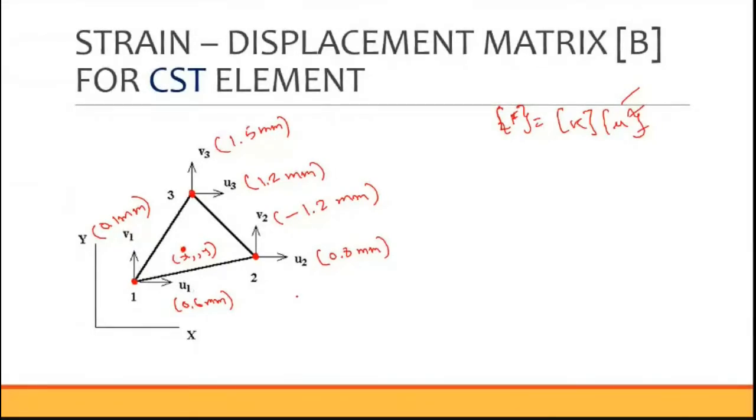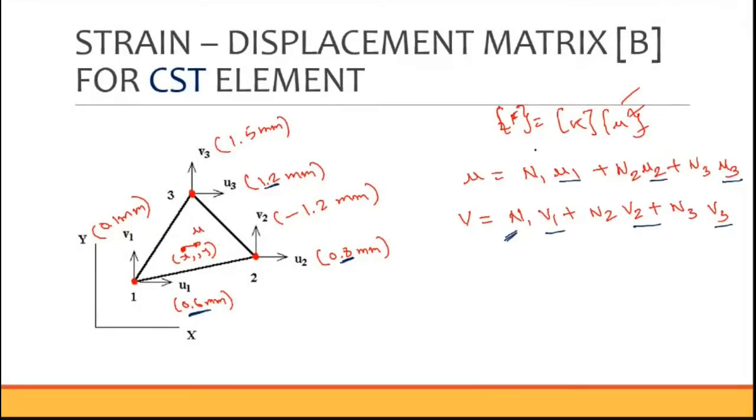In that case, to identify that, we apply this interpolation function, right? Let me consider the displacement at this point as u. You know the values of u1, u2, u3, v1, v2, v3, which are mentioned, so we can substitute those.